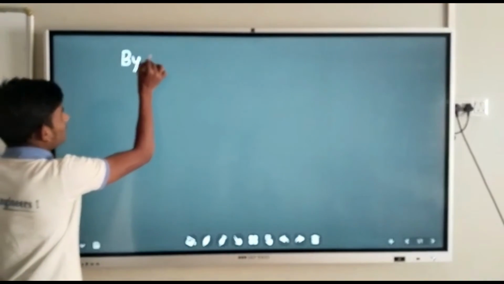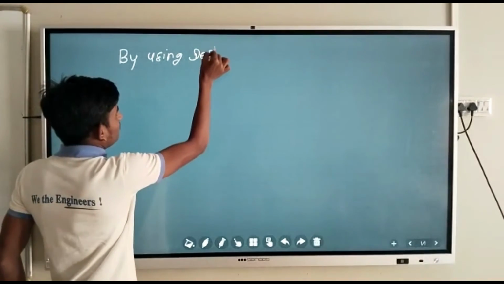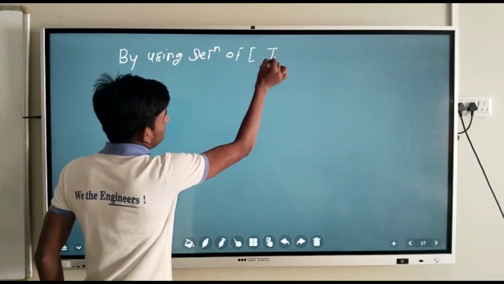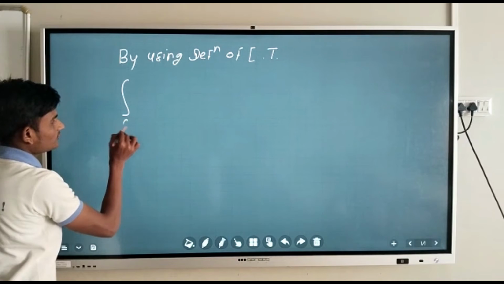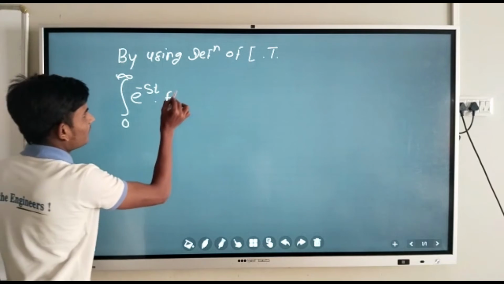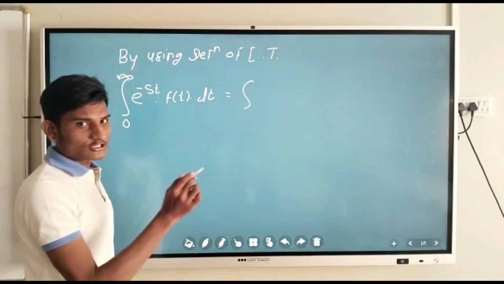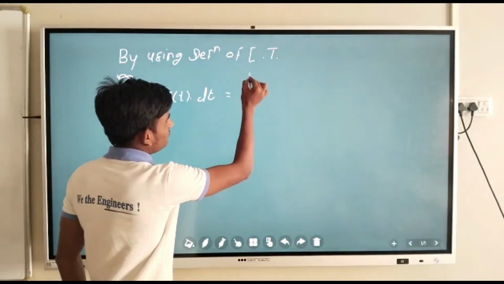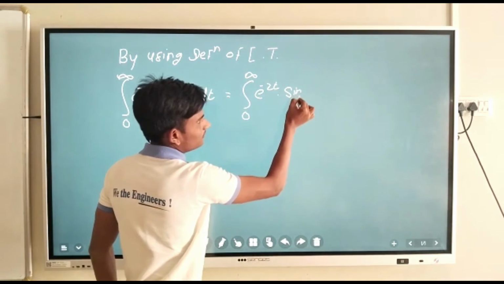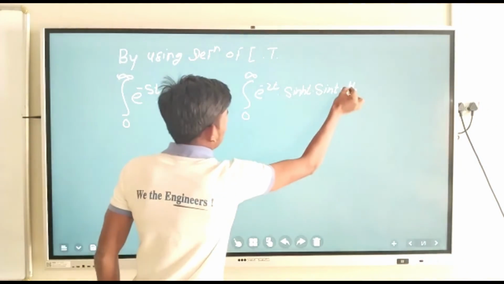By using the definition of Laplace transform, integration from 0 to infinity e raised to minus st f of t dt equals, our original equation is integration from 0 to infinity e raised to minus 2t sinh t sin t dt.